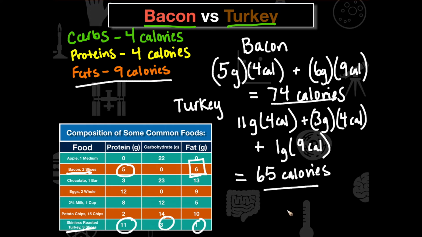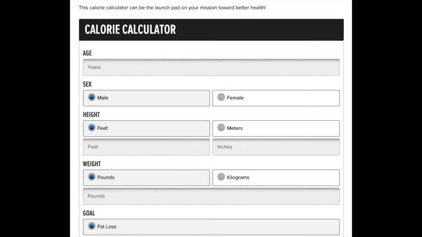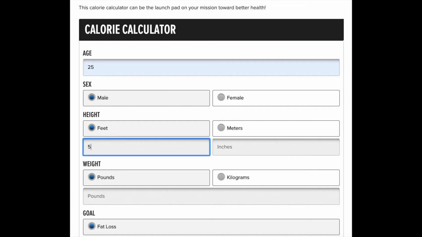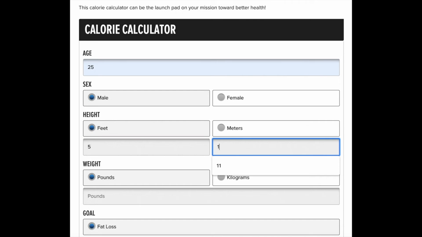So let's look at how many calories I need per day in order to maintain my current body weight. Let's look at my caloric intake and how many calories I need to maintain my body mass. I am 25 years of age, I am a male, and I am 5 foot 11 inches.